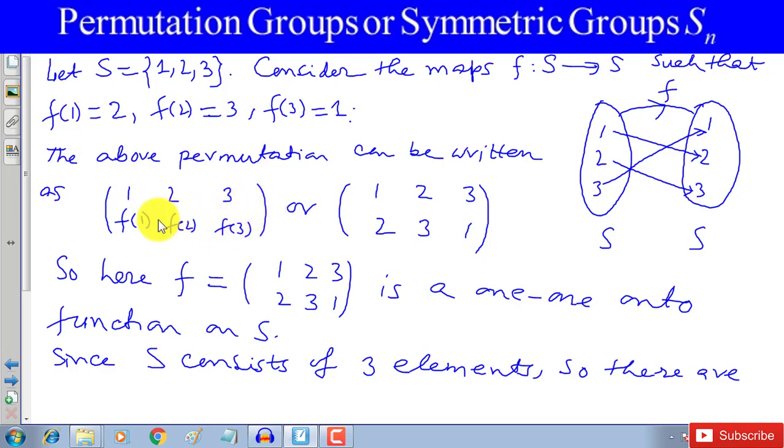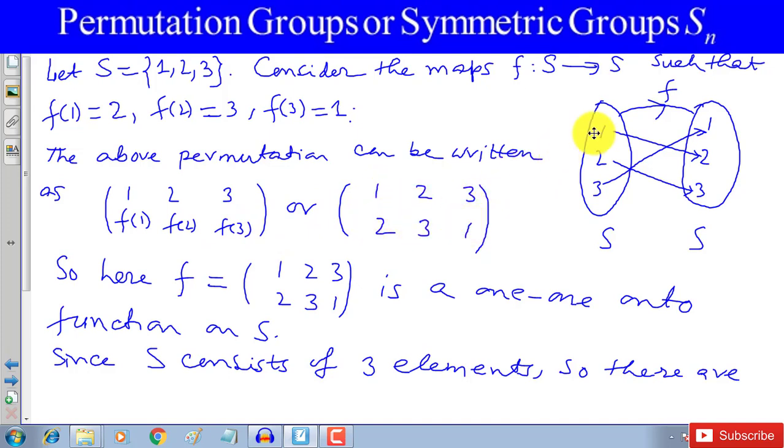That is, this is 1 and its image is f(1), this is 2 and the image of 2 is f(2), 3 and its image f(3). Or, 1 goes to 2, 2 goes to 3, 3 goes to 1.